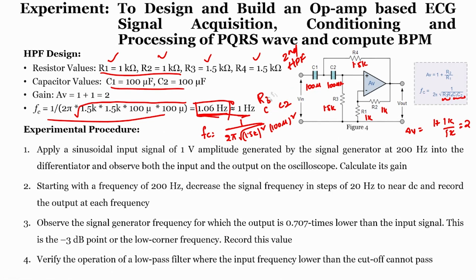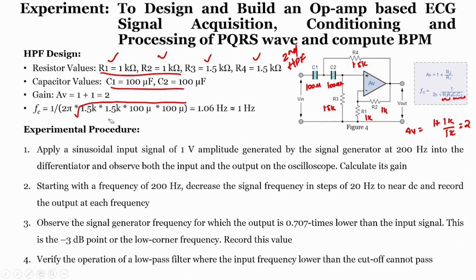Now, how do we verify this? Similar to our low pass filtering circuit, we will build this circuit in a circuit design simulation software. We are using Multisim, with the same resistance and capacitance values.